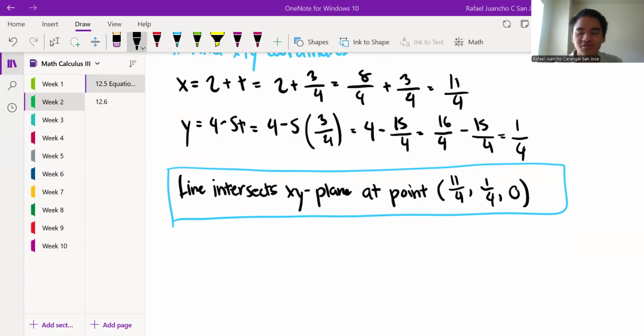Or you can just put z in the symmetric equations, and we get some value here. I mean, any of them work. I could use parametric equations, I could use symmetric equations, right?